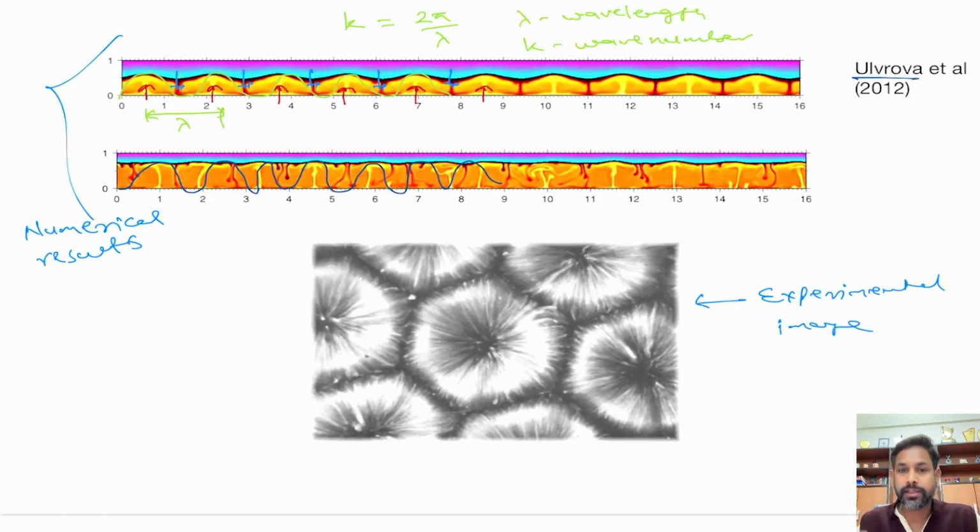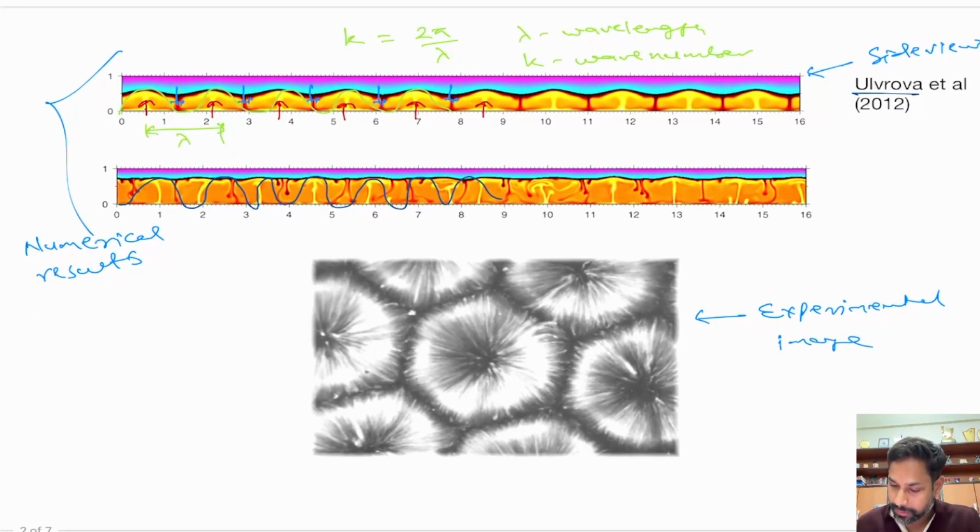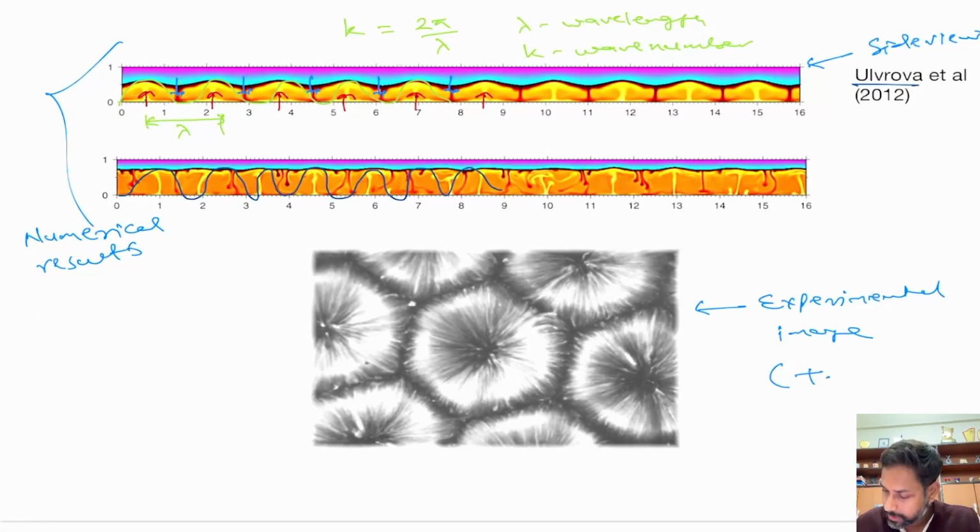Okay, so this is taken from the top, while these ones are the side view of a convection, or the pattern in which convection begins. What you see here is the top view. Okay, and you can see it actually starts, in this particular case, in a hexagonal shape, right?